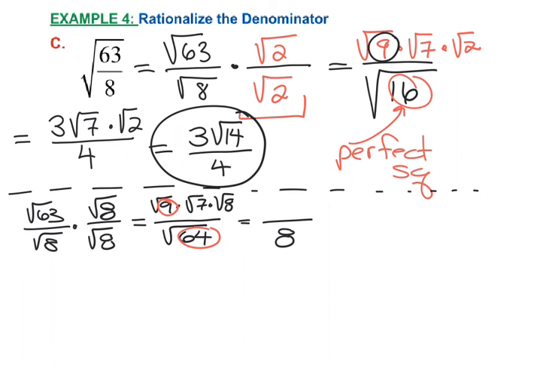We know that the square root of 9 is going to be 3. The square root of 7, we know that 7 doesn't have factors that are perfect squares, but 8 does. So the square root of 8 can be separated into the square root of 4 times the square root of 2.